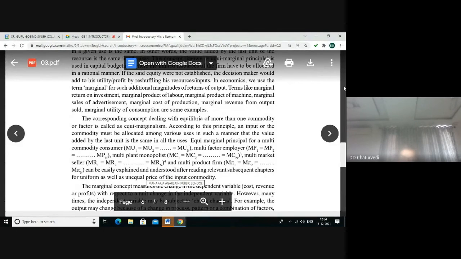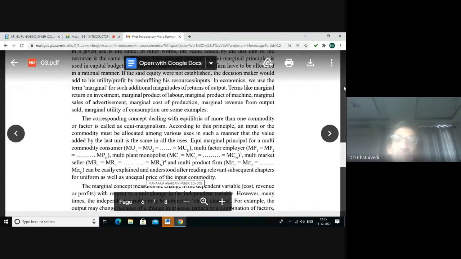The corresponding concept dealing with equilibria of more than one commodity or factor is called equimarginalism. According to this principle, an input or commodity must be allocated among different uses in such a manner that the value added by the last unit is the same in all the uses.